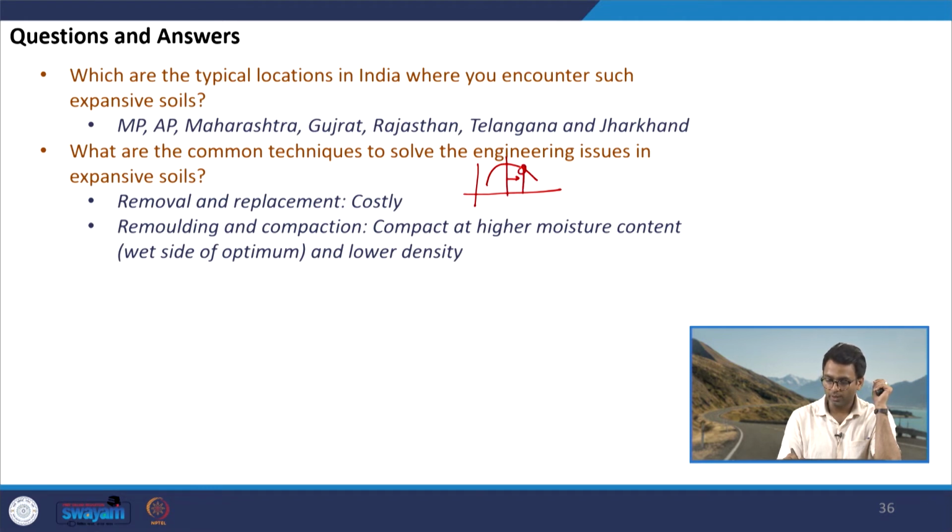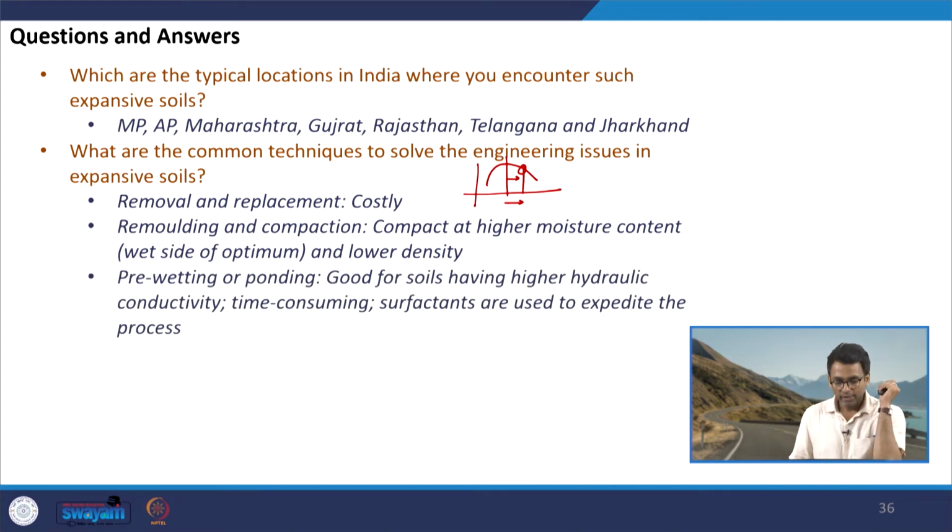So, you compact it at a lower density and at a moisture content which is higher than the optimum. In this state, as we have already discussed, the soil particles are more dispersed in nature and the changes in the volume can be minimized.